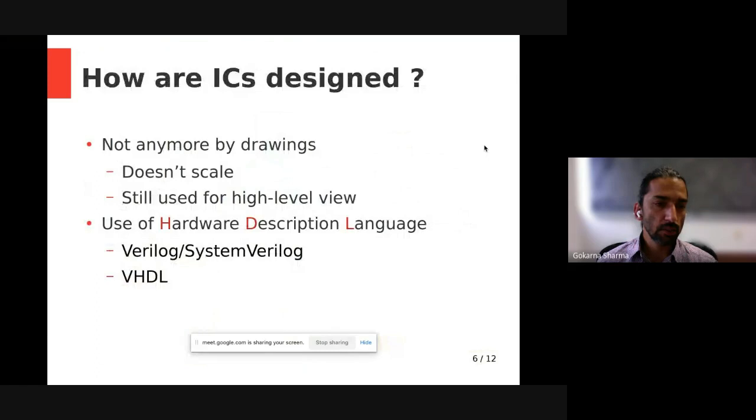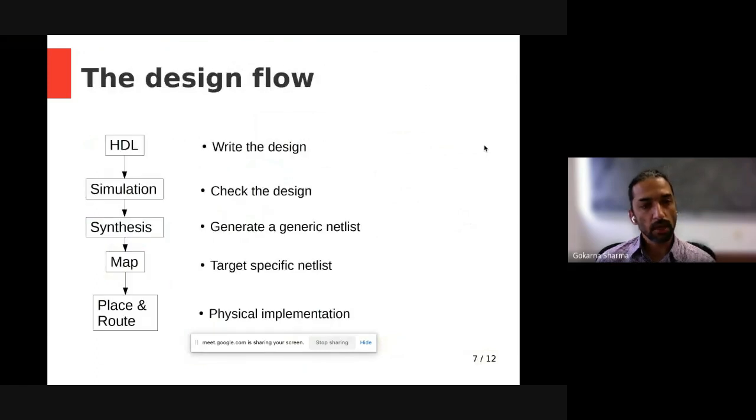So this is how the design flow works. You have a hardware description language where you write the design, and then you run the simulation. After you run the simulation, you check whether the design is working or not. Then you have synthesis. That means you generate a generic netlist of what you were trying to do, and then you map it to a target-specific netlist.